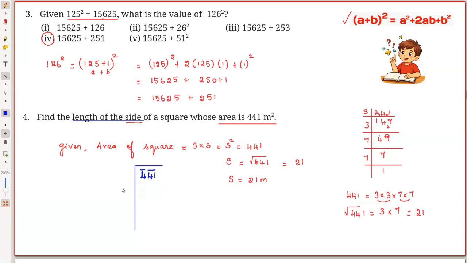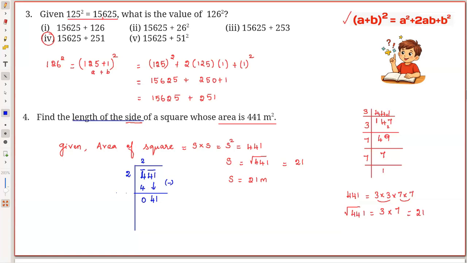If I take 1, 1 square is 1, it's very less. I can take 2. Here 2, here also 2. 2 square is 4. Now do the subtraction: 4 minus 4 is 0. Next, you have to bring down 41, not a single number, you bring it as a pair.